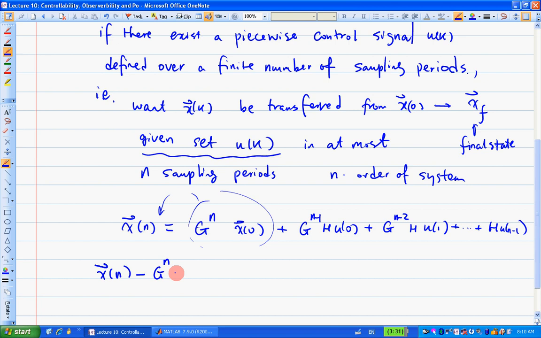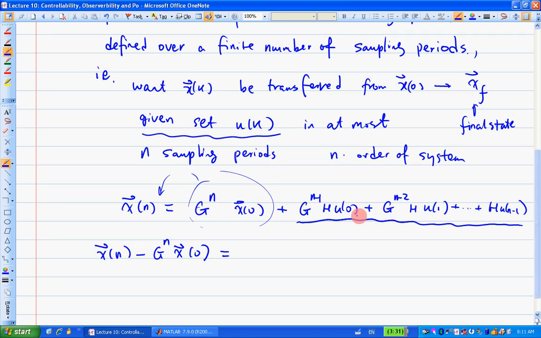And then on the other side, it's this whole chunk right here. If you write this whole chunk in matrix format, I can write it as a multiplication of two vectors.